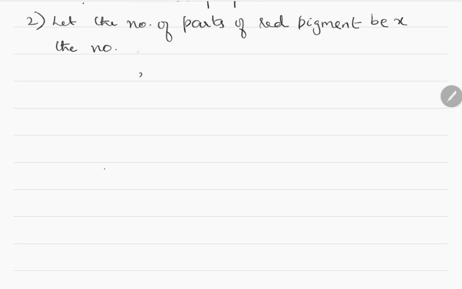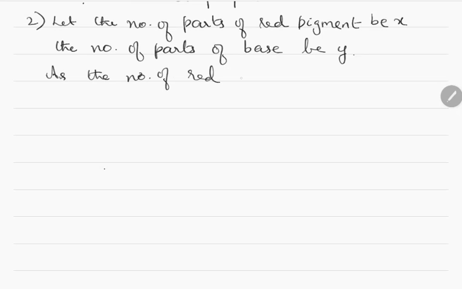So now let the number of parts of red pigment be X and the number of parts of base be Y. Now here, as the number of red pigment increases, the number of base also increases.